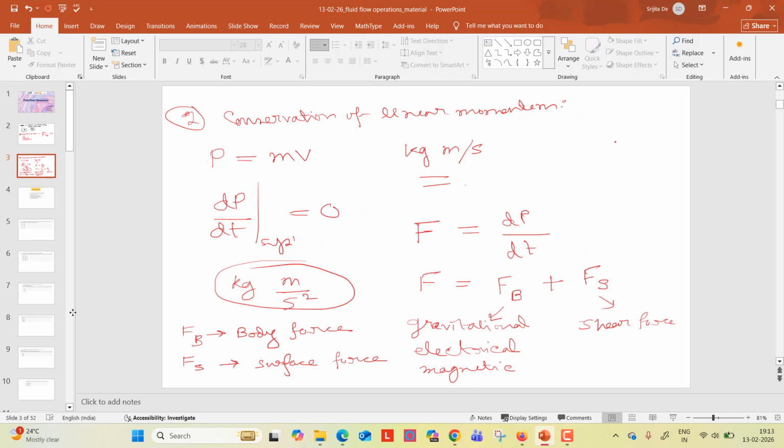Tau. So tau works at the surface only, right? Tau works at the surface. So this is the surface force. There is a surface tension force. Surface tension force also works at surface, right? So there are other surface forces and body forces also, but mainly these are the common ones you can relate to.